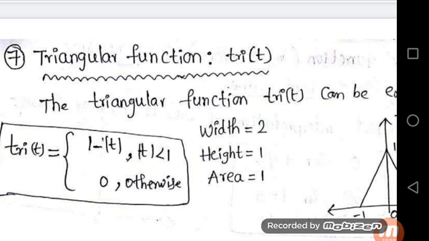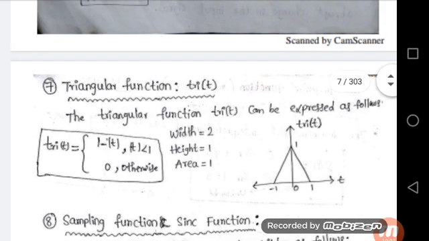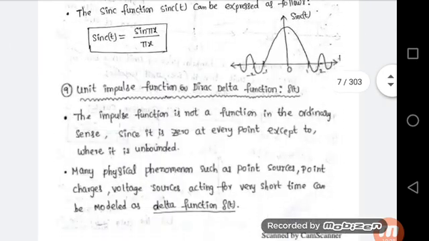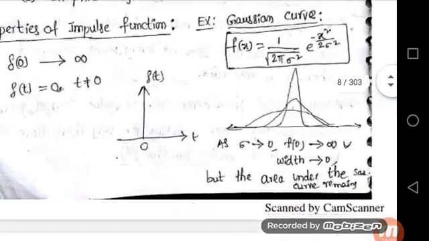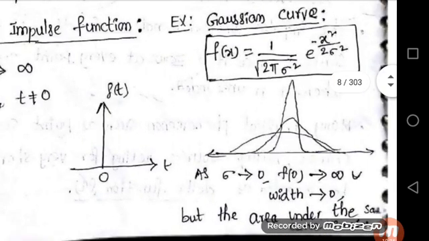By using these three elements, we can easily find out the behavior of the signal. Here we also use different signals: small, medium, and high signals, or the Gaussian curve, which explains the behavior of the signals with respect to width, height, and area.